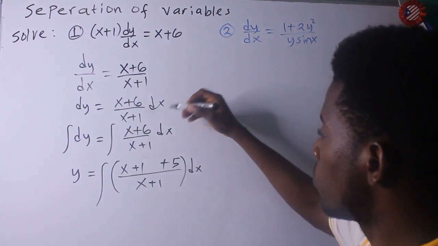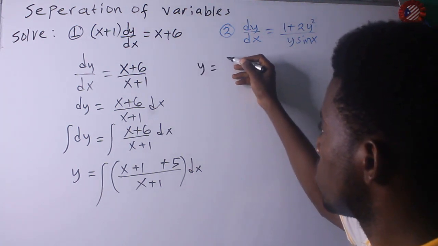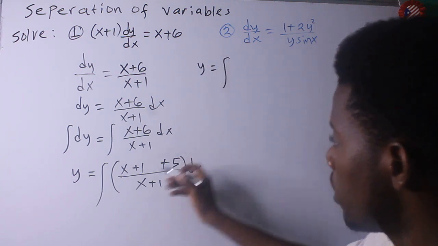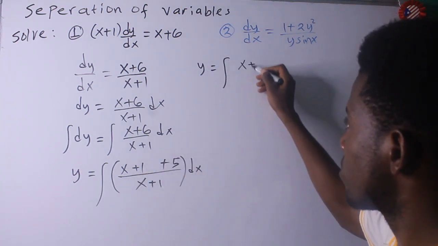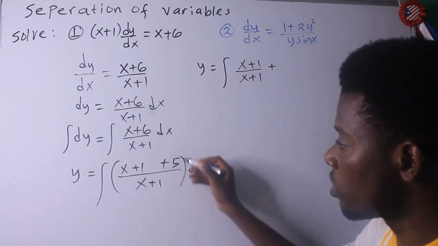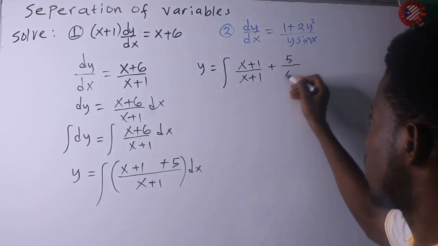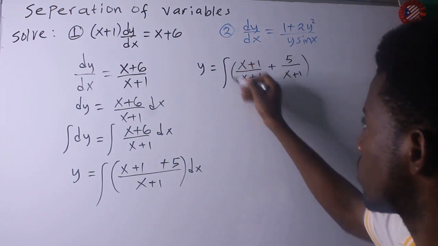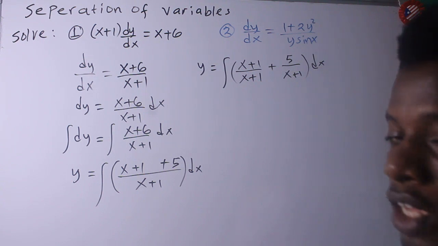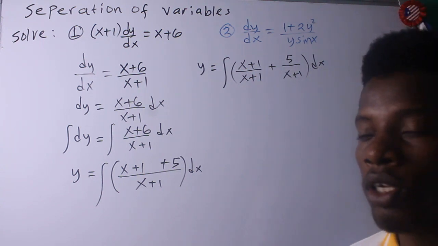From that, I have y is equal to the integral of (x + 1)/(x + 1) plus, and I take this constant, 5/(x + 1) dx. So all I did there was to give each numerator its own denominator.